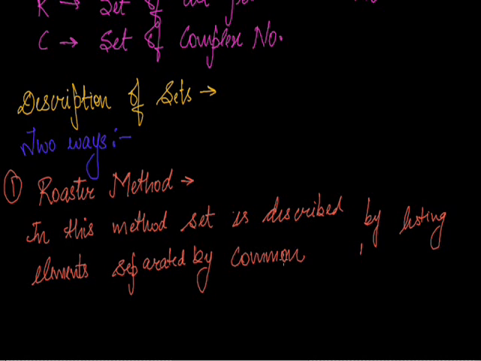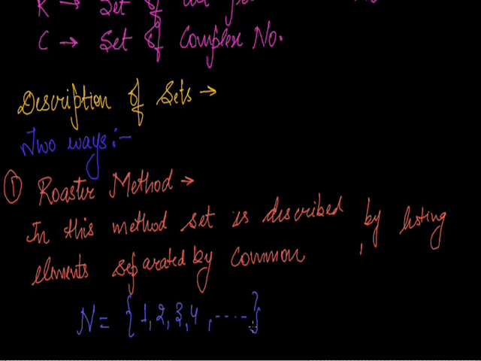Okay, what does the roster form mean? In this method, how can we write the set in roster form? When we write the elements, we separate the elements by commas, and it is written in curly braces. So if I want to write the set of natural numbers, I will write in curly braces like 1, 2, 3, 4 and so on.